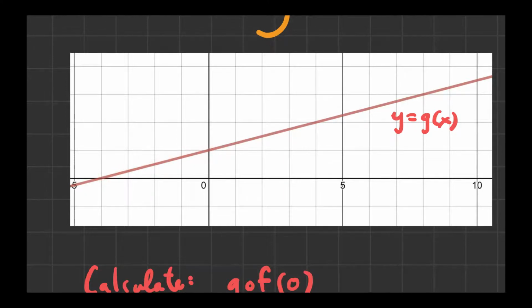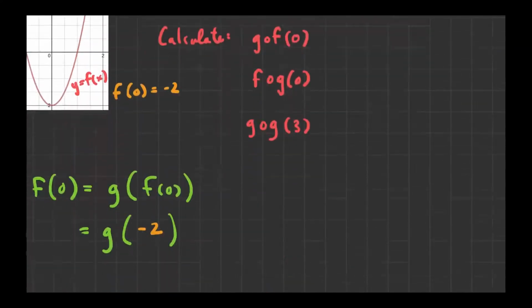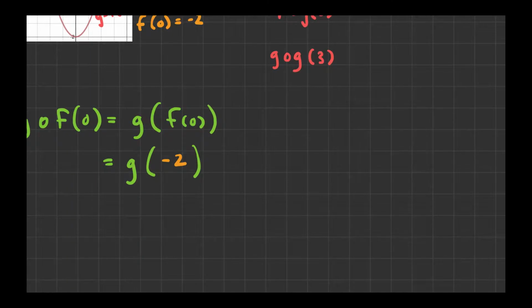So if I'm at -2, that's exactly halfway. So this looks like the value of 1/2. So G at -2 is equal to 1/2.